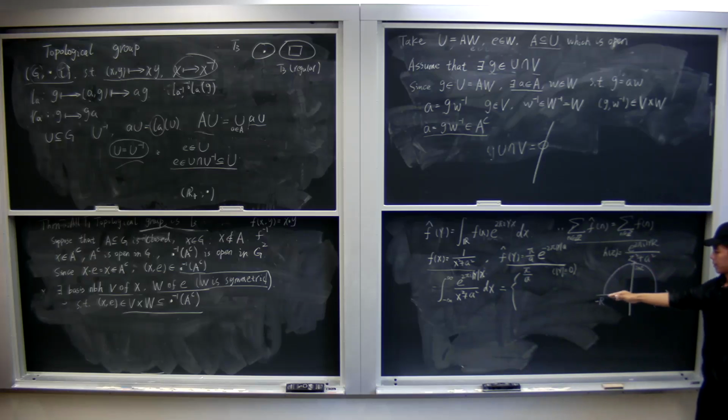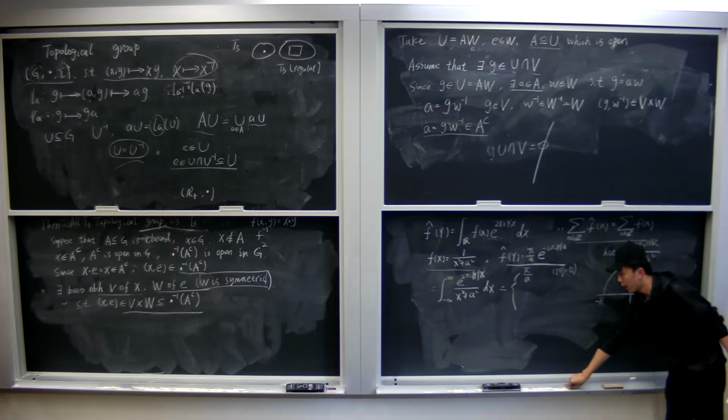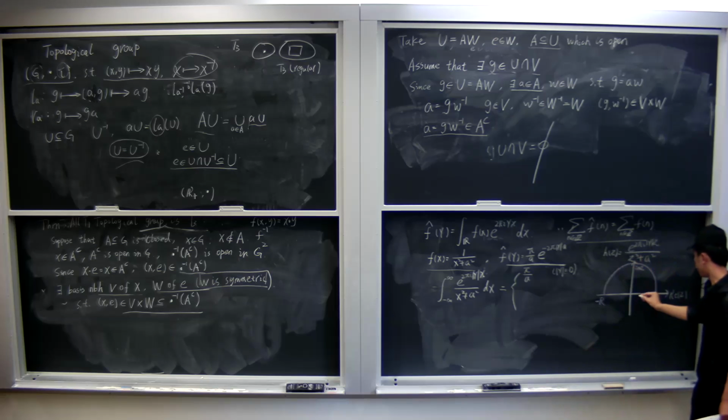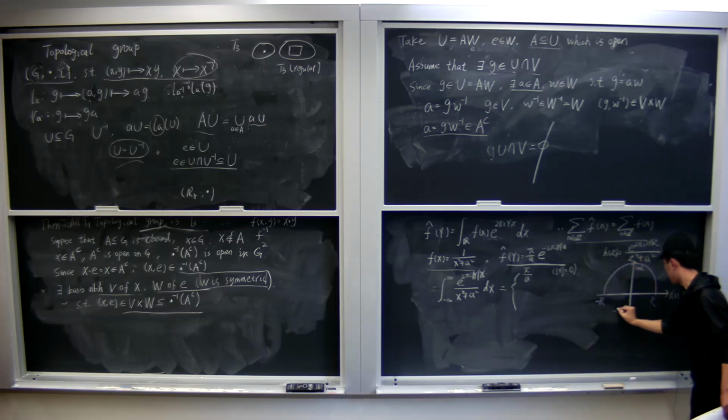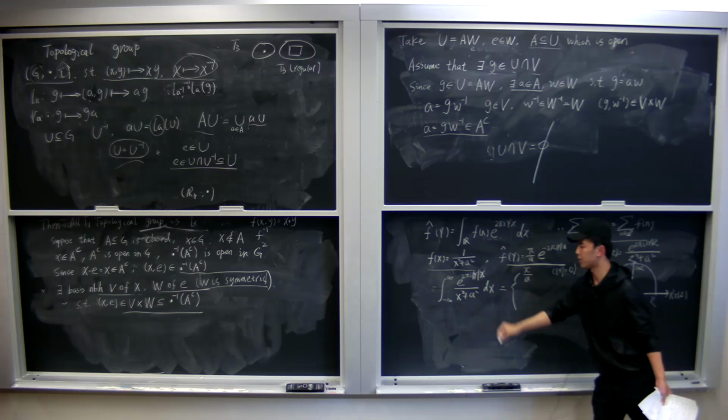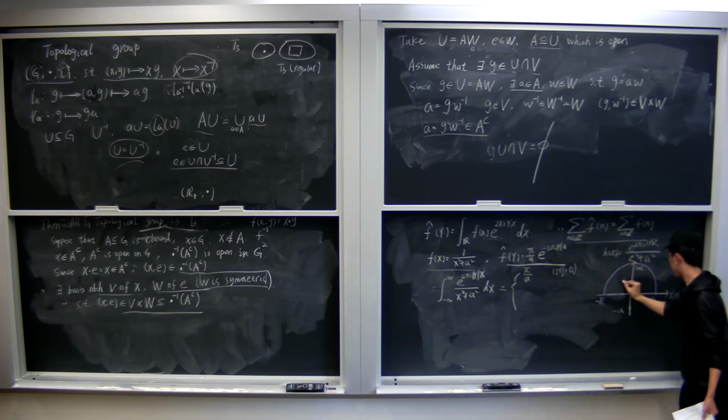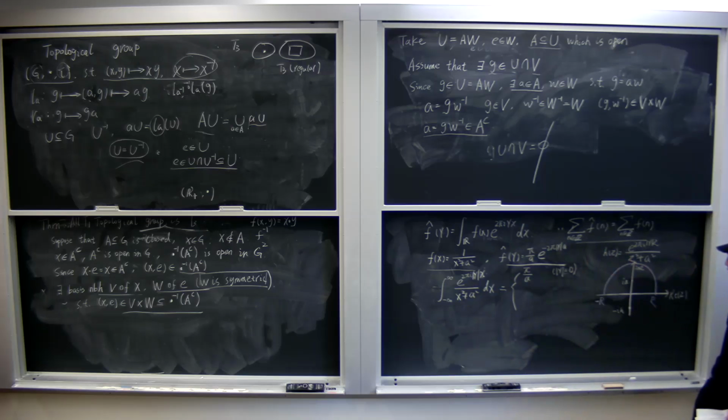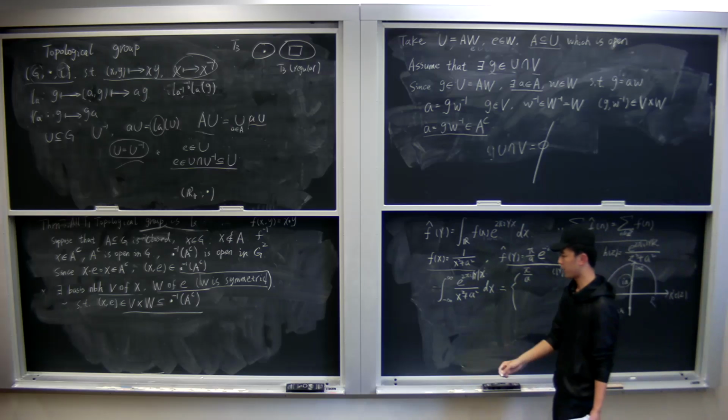The singularities of this function are minus ia and positive ia. We may suppose that a is positive, so we just consider the positive ia. Then we use the Cauchy integral formula.